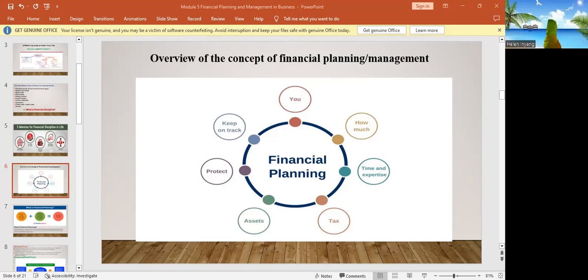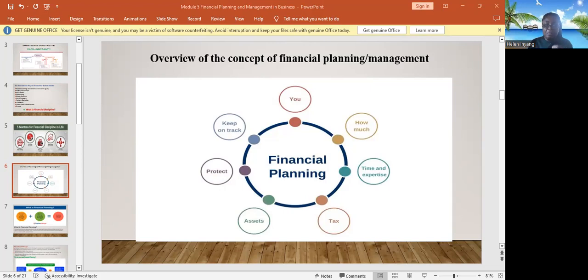How your assets have been accumulated, where they are held, and what you want to do with them is unique to you. Your objectives, your attitude, your preferences, and time scale will also be unique to you.